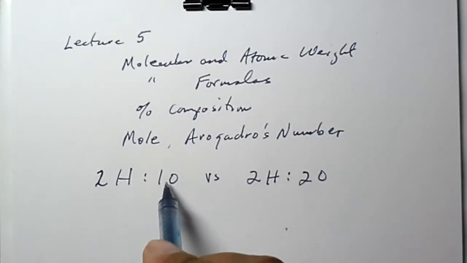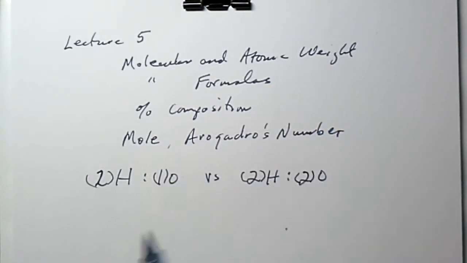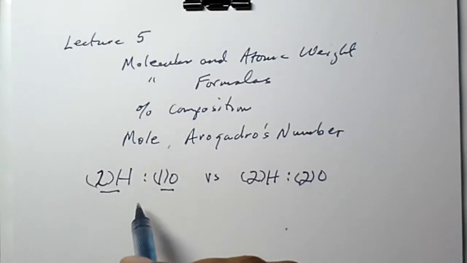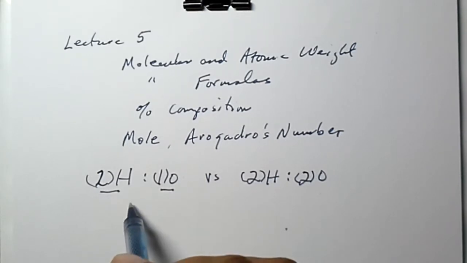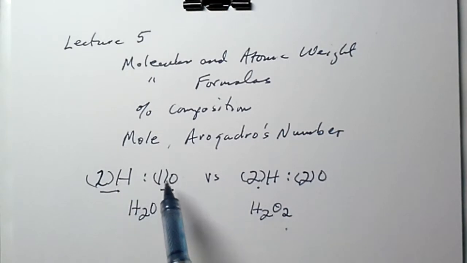So the ratio of one oxygen to two hydrogens, which you're very familiar with, is H2O. Two hydrogens to two oxygens is H2O2. Two very different compounds, and they are different because of the ratio of the same elements to one another.